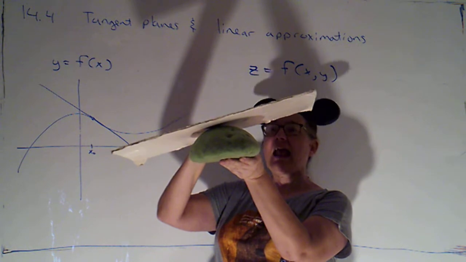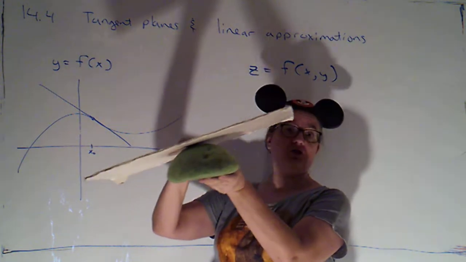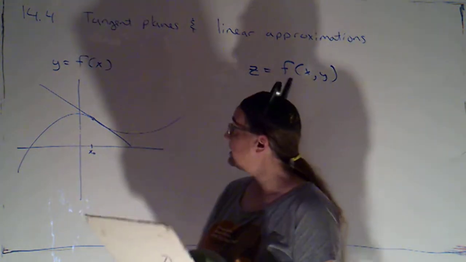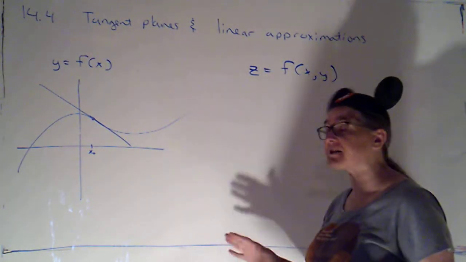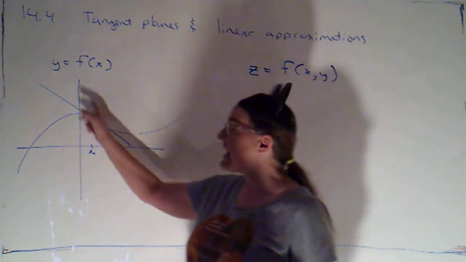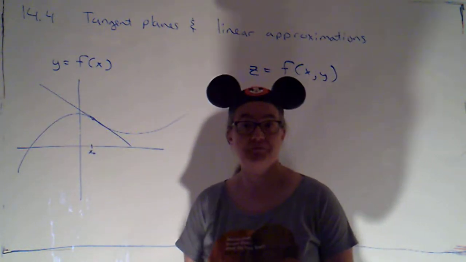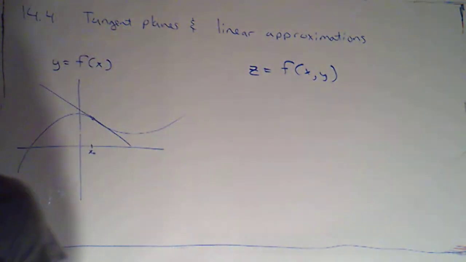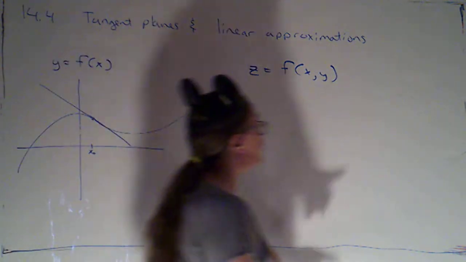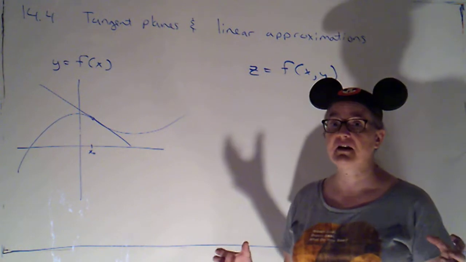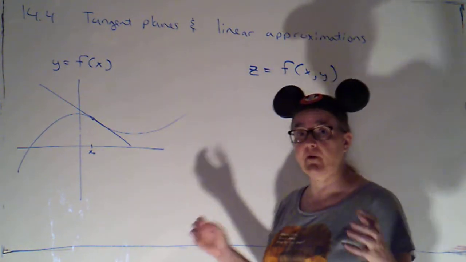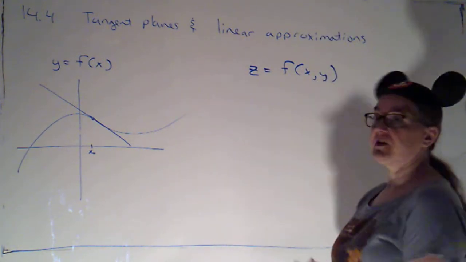That would be a plane, a linear function of 2 variables that does essentially what our tangent line does for the curve. It does a good job of approximating the function at and near the point of tangency. So I'm going to try to focus on, can I create a tangent plane? Can I create a linear function that does a good job of approximating the function that I have?